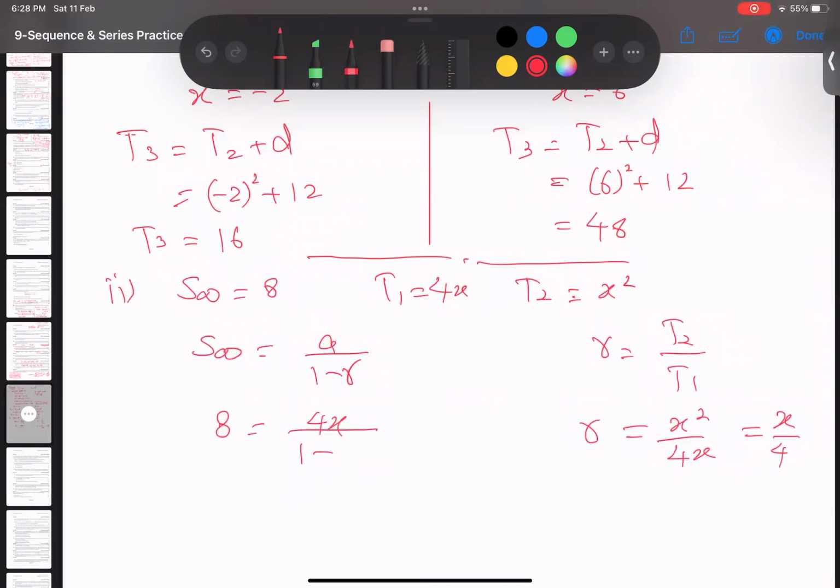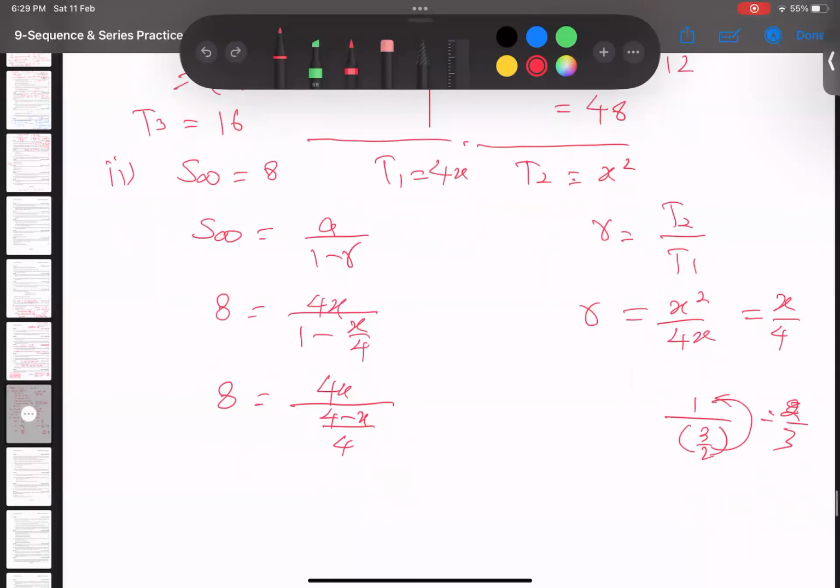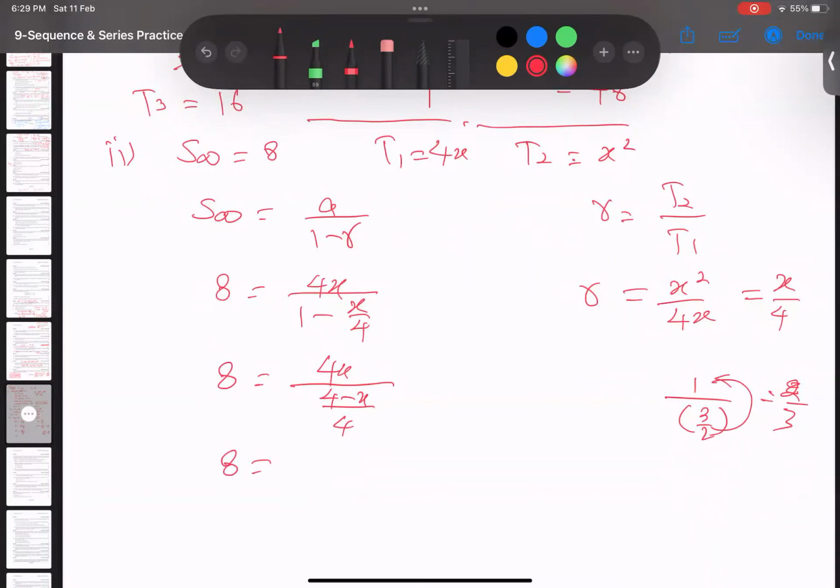Taking the LCM in the denominator I get 4 minus x over 4, and it flips, so the 4 goes up and we get 16x over 4 minus x.